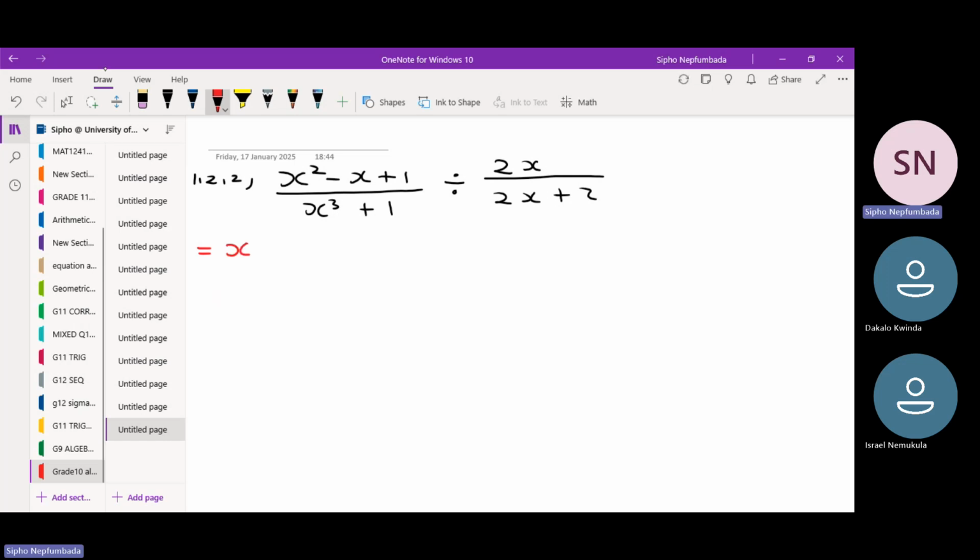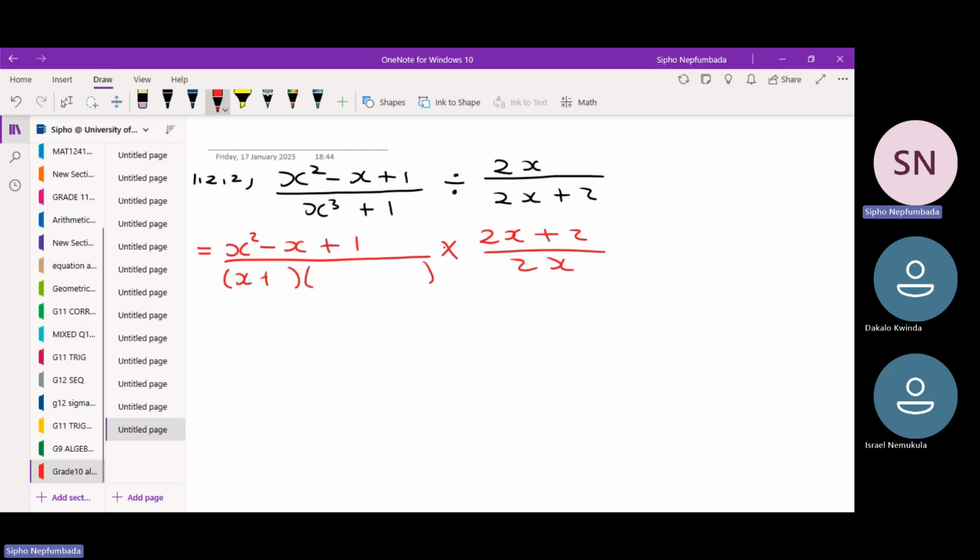You can't factorize the numerator, that's obvious. But we can factorize this. You know the factors, right? So when we apply the multiplication sign, the numerator becomes the denominator and the denominator becomes the numerator, that's all.